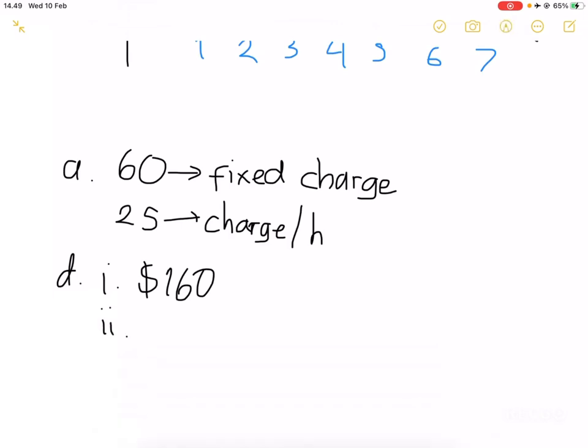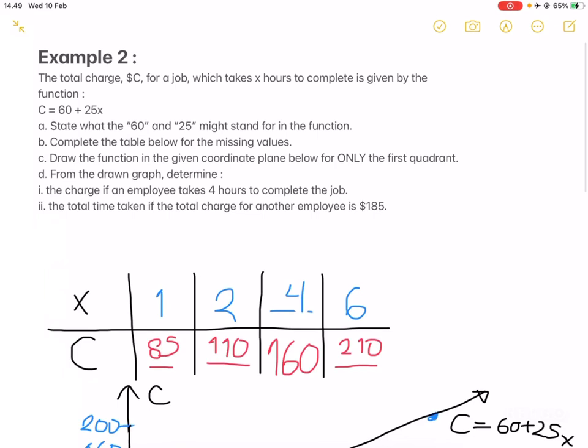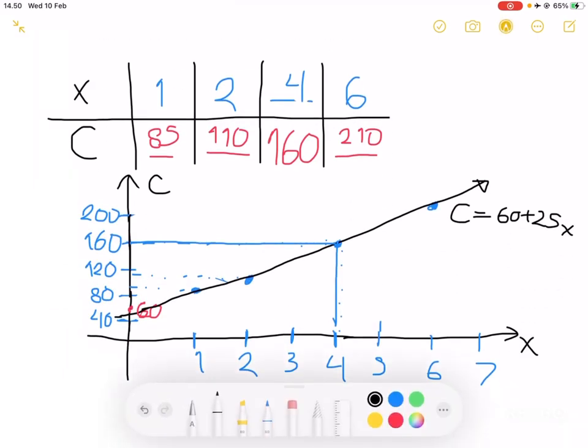And for part 2, we'll do the exact opposite. So the total charge for the employee is $185. So we're going to look at $185 first, which is somewhere around here, slightly above probably. And then we're going to draw a horizontal line, stop where it intersects with the function, and then draw a vertical line.